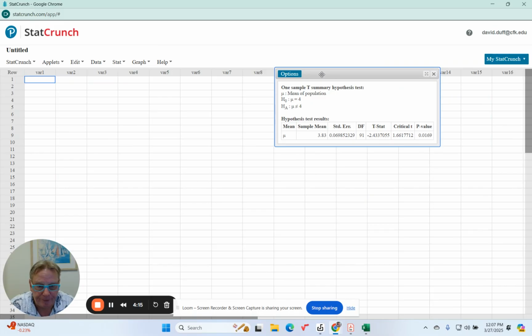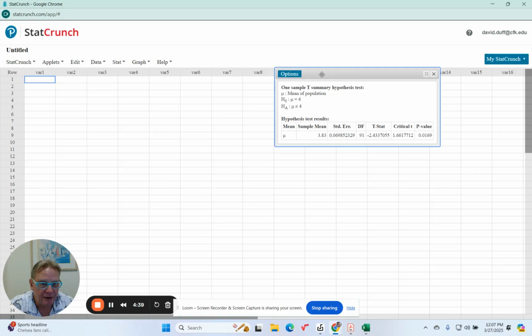And there are our values. We have our hypothesis test for the population mean. We have our sample mean, our standard error, which is the standard deviation divided by the square root of the sample size. We have the degrees of freedom, which is 1 less than the sample size. Our test statistic, and then our critical t-value.